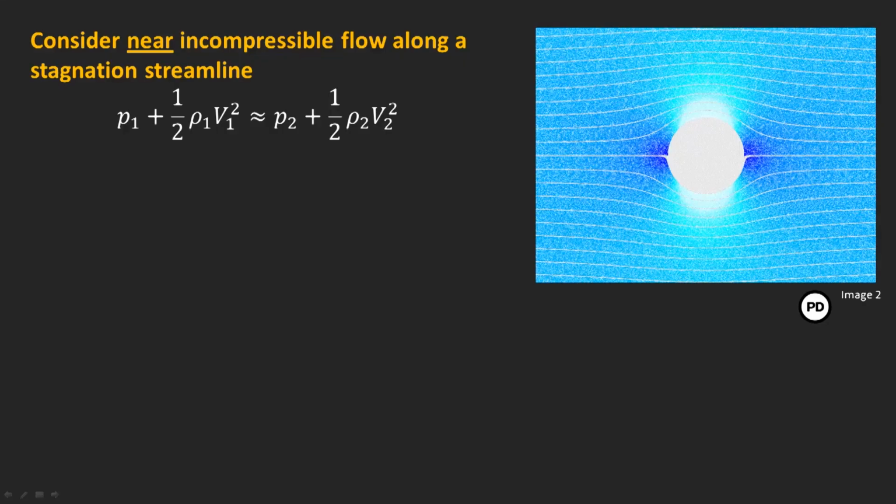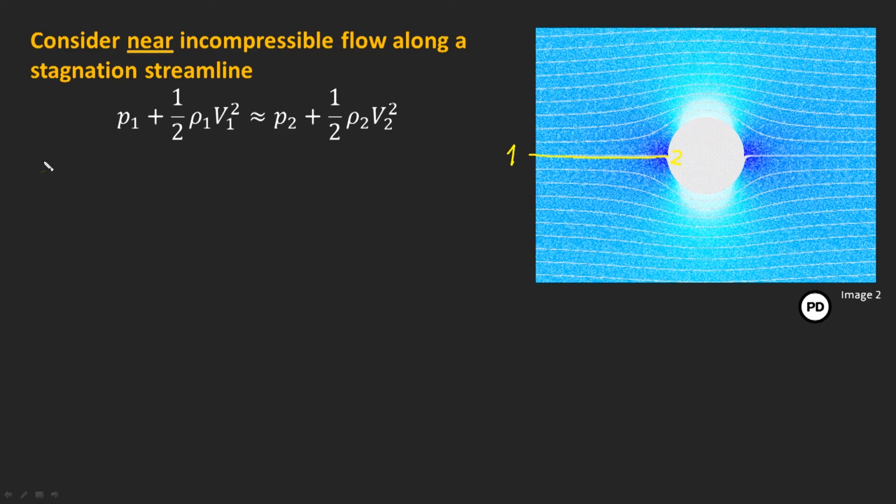When flow encounters an obstruction, the highest pressure occurs where the flow is brought to rest or stagnated. As we haven't got too deep into compressible flow theory yet, let's consider a near incompressible example. Low speed inviscid flow over a cylinder, as illustrated here. As the flow is nearly incompressible, Bernoulli's equation will approximately hold along a streamline from the undisturbed flow, state 1, to the stagnation point on the cylinder, state 2.